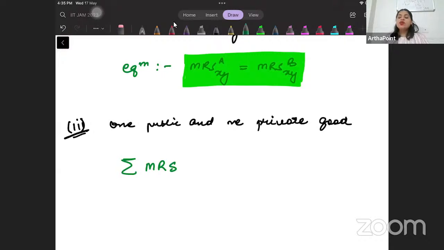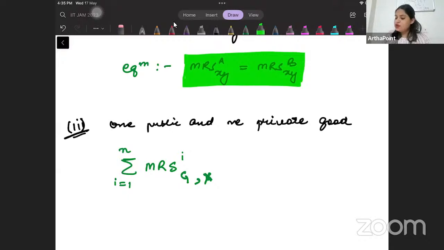I am trying to find how I want to substitute one good for another. Which goods? One is a public good G and one is a private good, or represent the private good with X. Between these two, the rate at which I want to substitute, I want to add that rate for all individuals in the market.